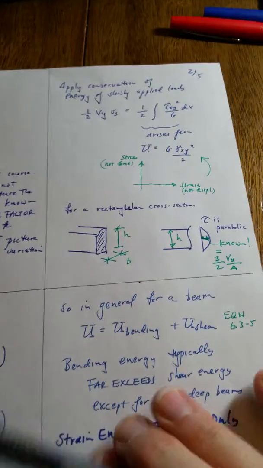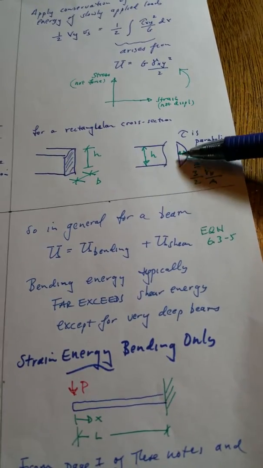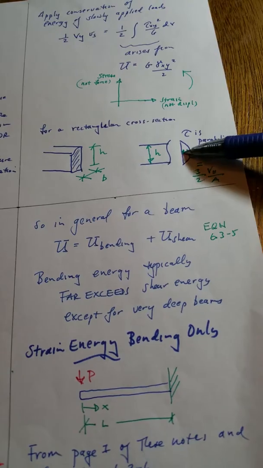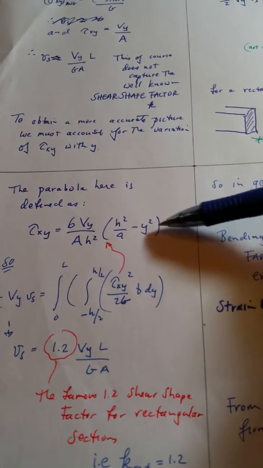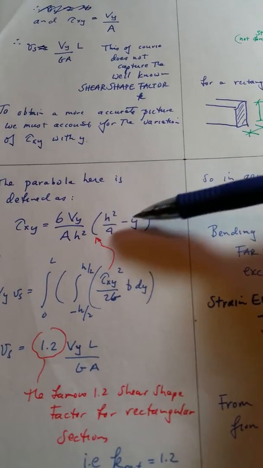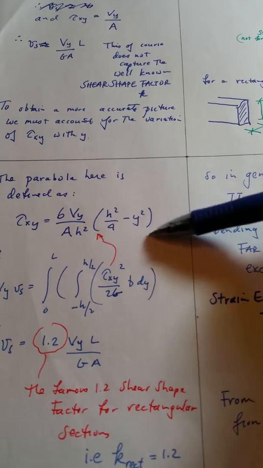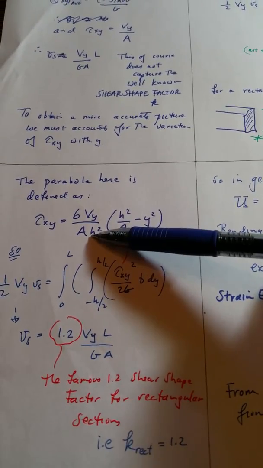And then if we're clever, which I'm not, but maybe some of you are, you could derive the parabolic function based on 3 points: 0, 1, 0; 0, 2, 1/2 V over A; 0, 3, 0. So I just found it. It makes sense here that at y equals 0, we get 3/2 V over A. And at the extremes, we get 0. So this is the parabolic distribution for tau.